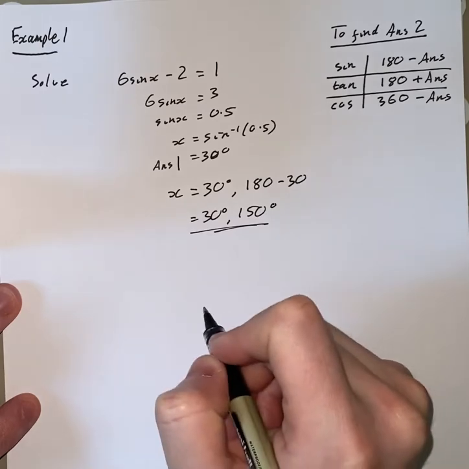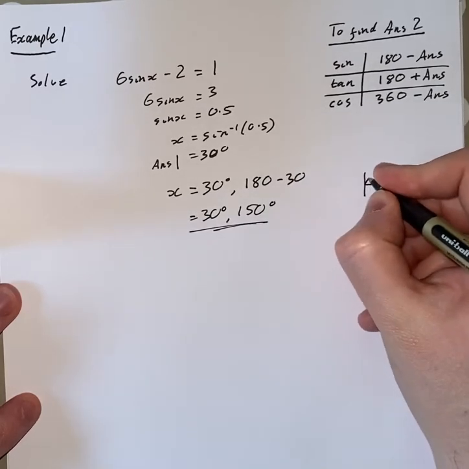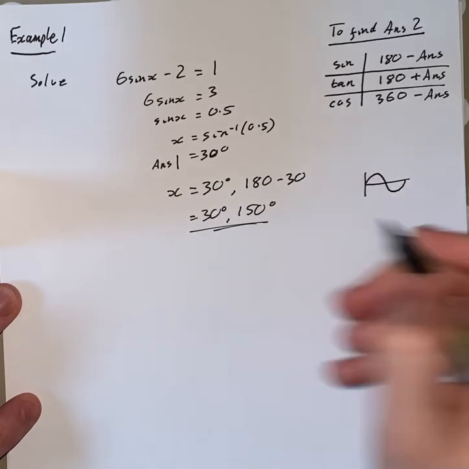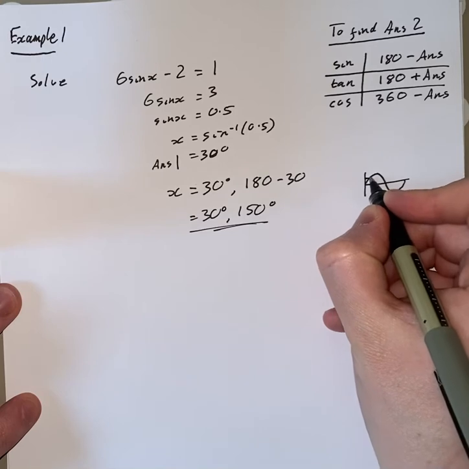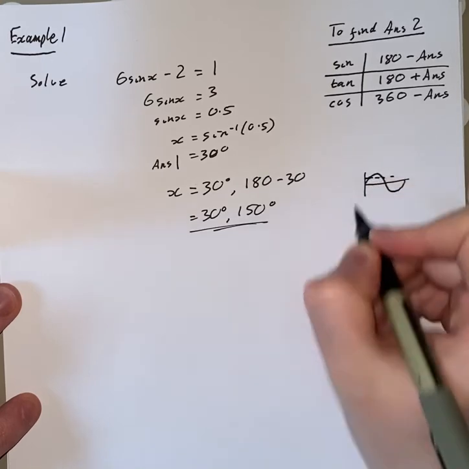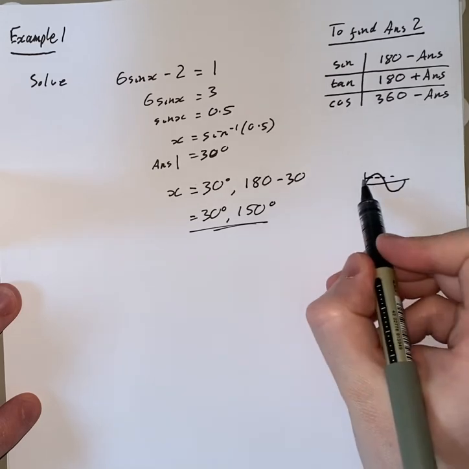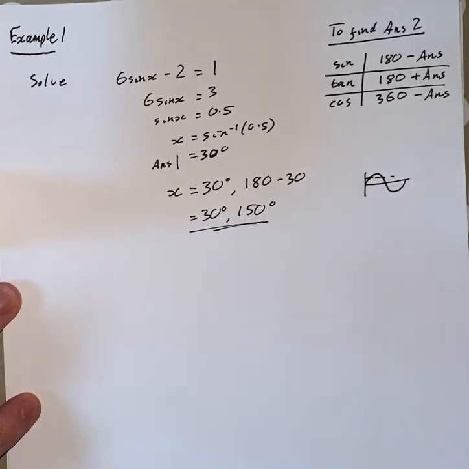And if you think, just very briefly, about how a sine graph looks, what that means is that for this sine equals a half, there are my two answers. You can see that that half cuts through 2 points. That one would be 30, that one would be 150.